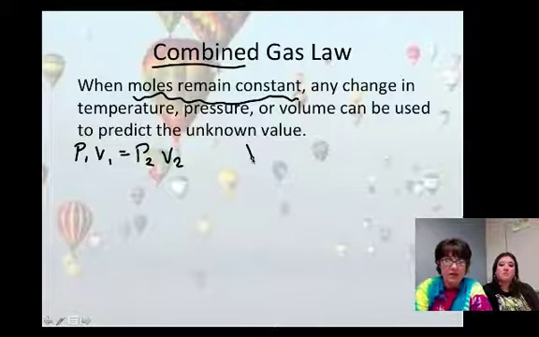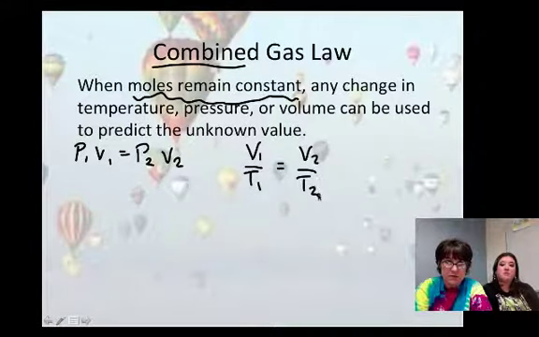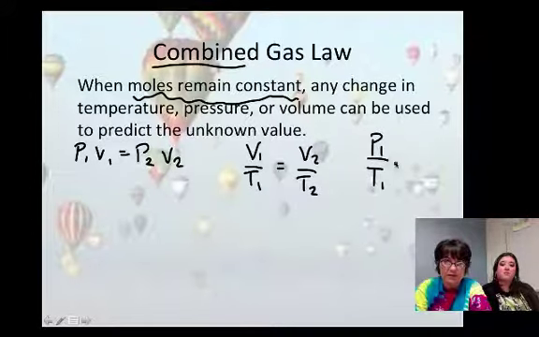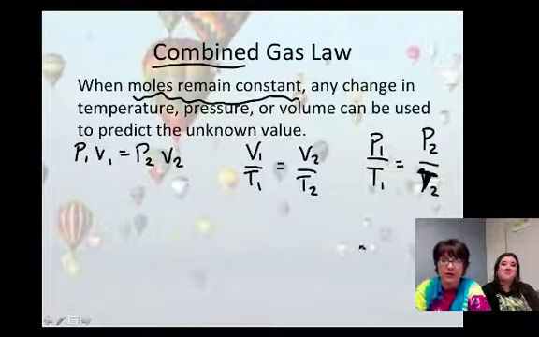And then Charles' law has constant pressure, so V1 over T1 equals V2 over T2. And then the Gay-Lussac law we just talked about has pressure over temperature because volume is constant here. Oops, T. I said volume, and so I had to write volume. There we go, P1 over T1 equals P2 over T2.